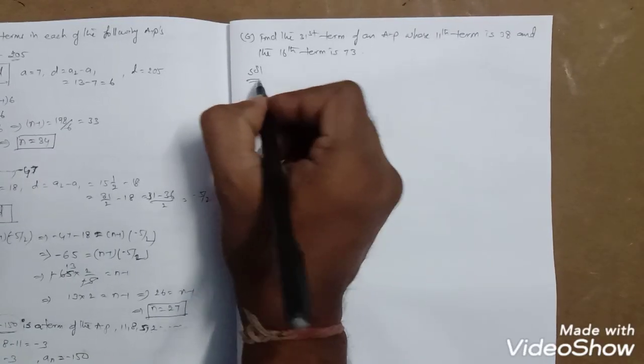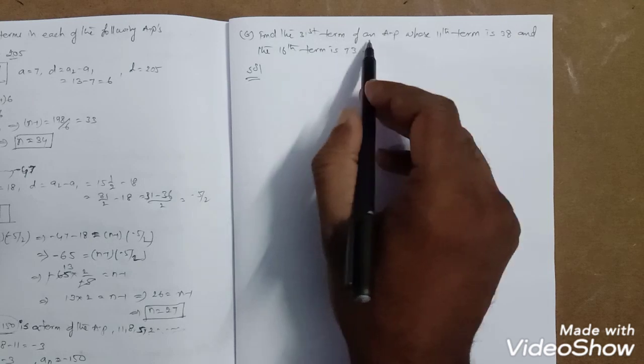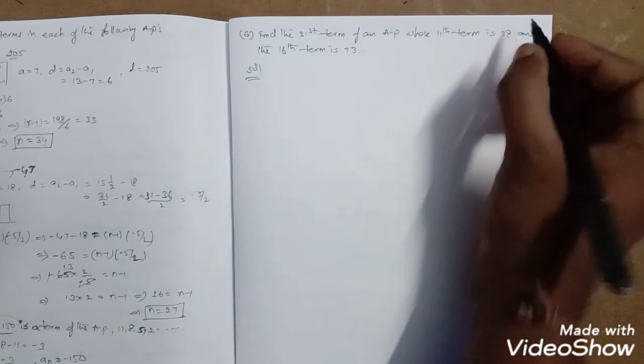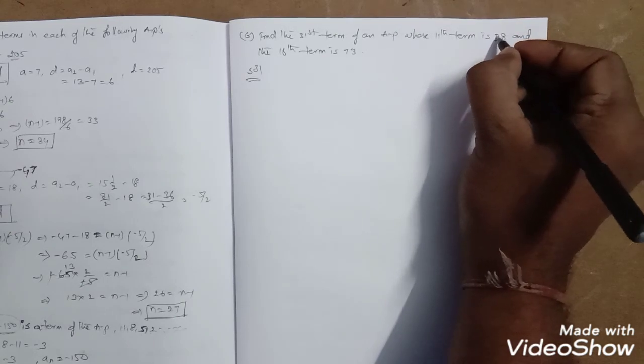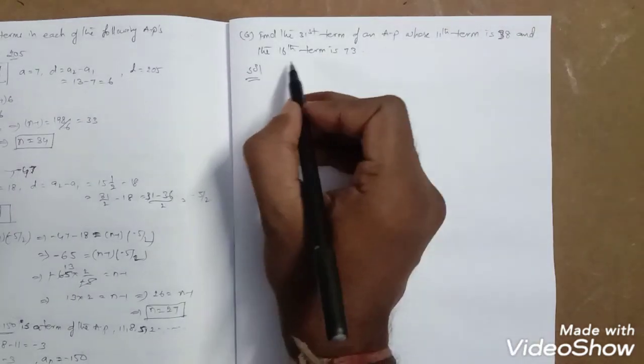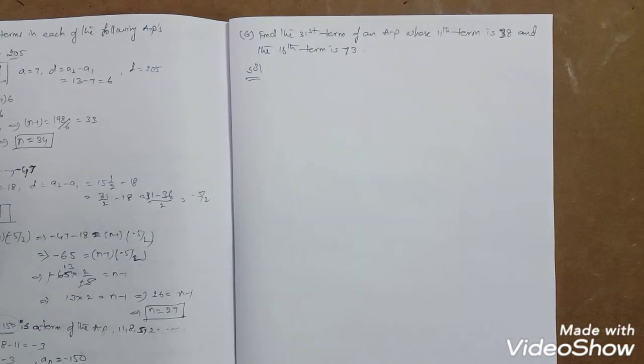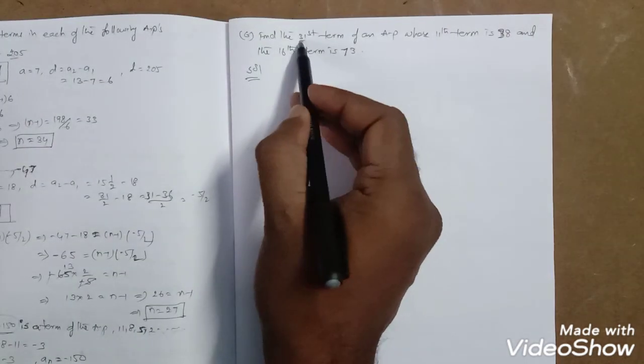So the next question they have given is: find the 31st term of an arithmetic progression whose 11th term is 38 and the 16th term is 73, right? So what we have to find is the 31st term.